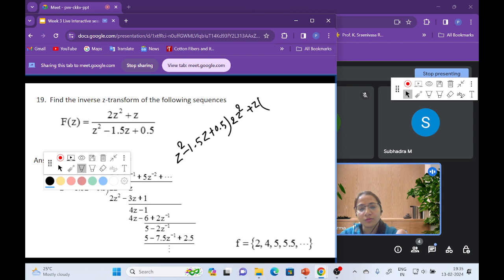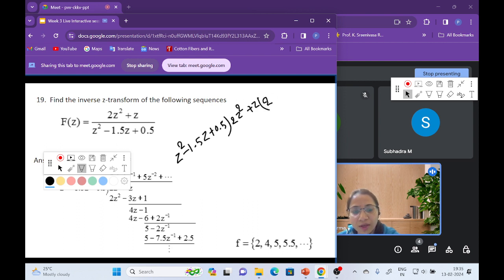We will divide it continuously and find the sequence, or the function in the time domain. First, try to match it here. The z square term is there, but to cancel it out, it must be multiplied by 2. So first multiply by 2.